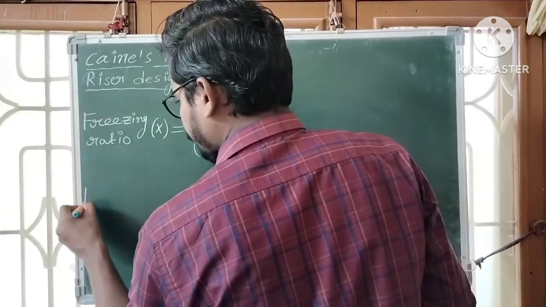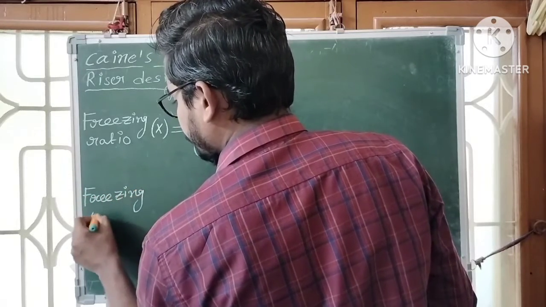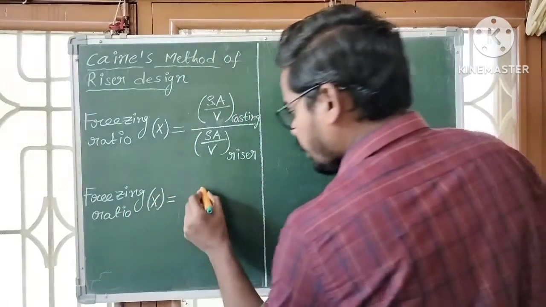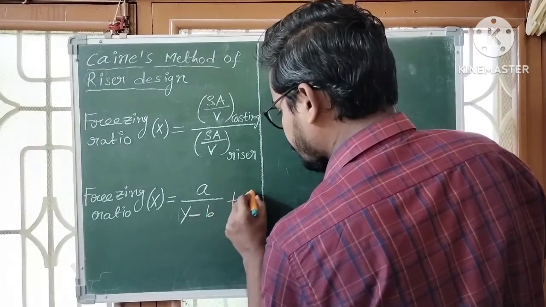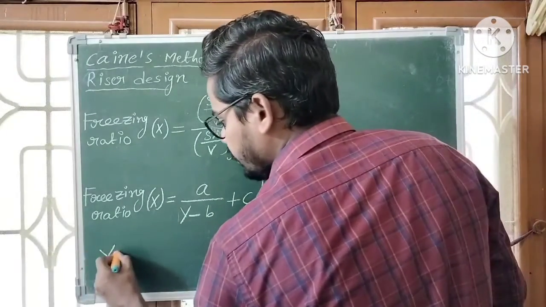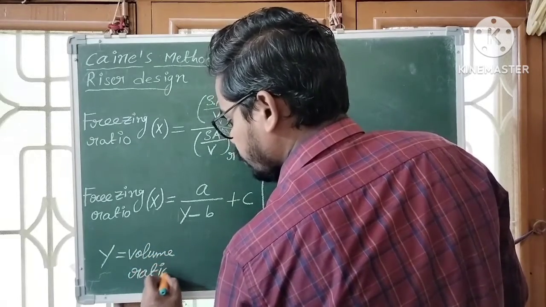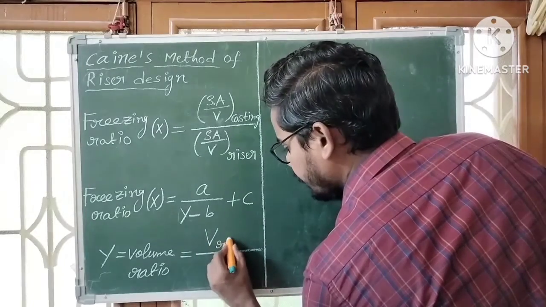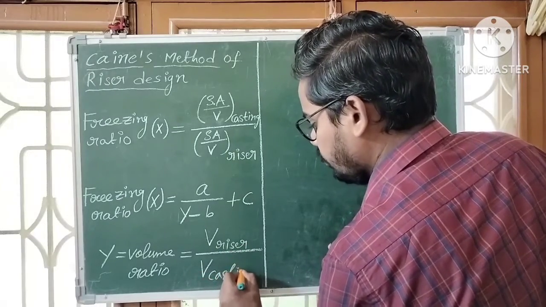Freezing ratio X is also equal to a by Y minus b, plus c, where Y is called the volume ratio. Volume ratio is equal to volume of riser by volume of casting.